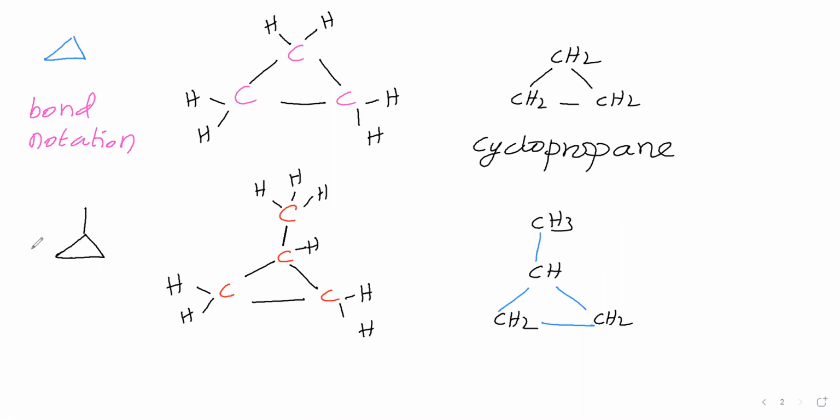Okay? Now you see this one. In this one, these 3 carbons make a cycle. So these 3 carbons come under parent chain, these 3 carbons come under root word, but this carbon is not making a cycle. It is attached to the cycle.